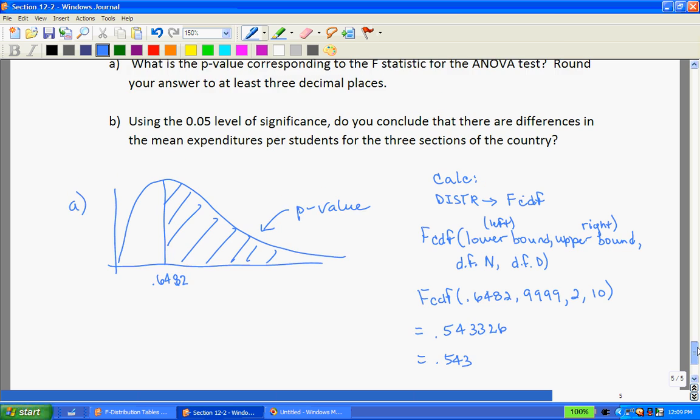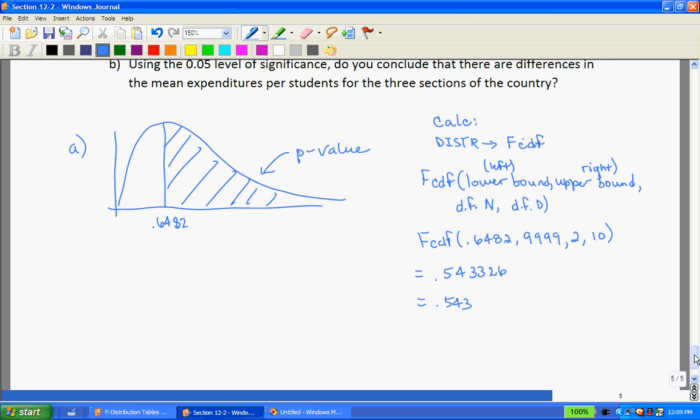Then in part B, they ask us, at the 0.05 level of significance, do you conclude that there are differences in the mean expenditures per student for the 3 sections of the country? So this is where you want to compare the p-value to alpha. And pretty much the way it goes, across the board for all of our hypothesis testing, is if the p-value is low, then the null has to go.